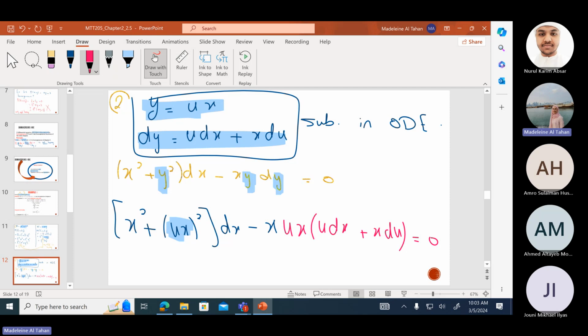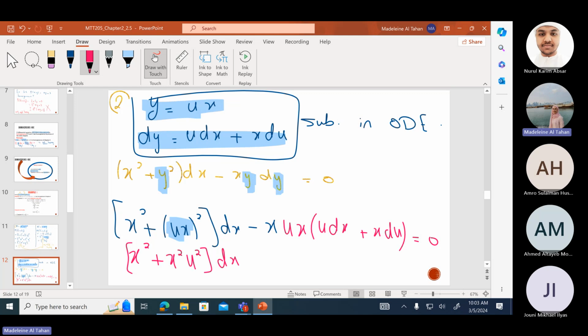Now, after we replace, we need to simplify, rewrite it in a better form, okay? So we got this one. Now let's rewrite it in a better form. So this one, x squared plus x squared u squared dx, right?